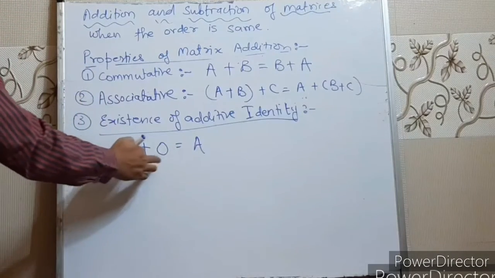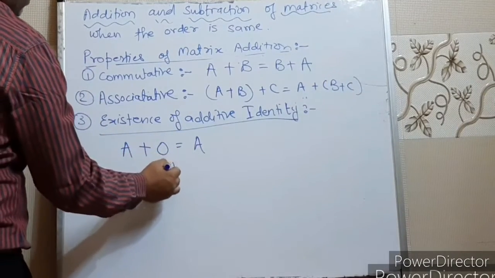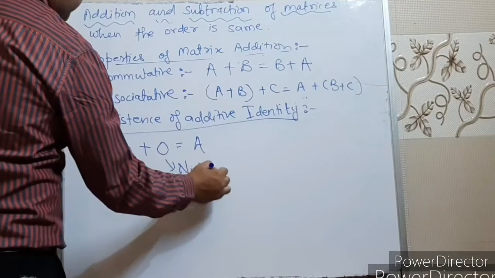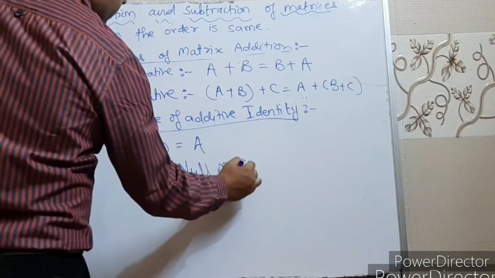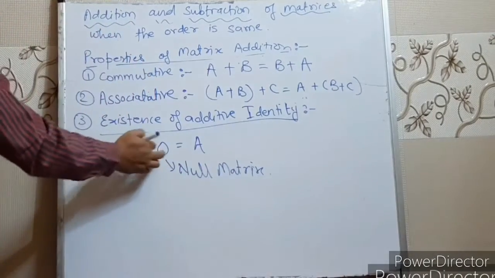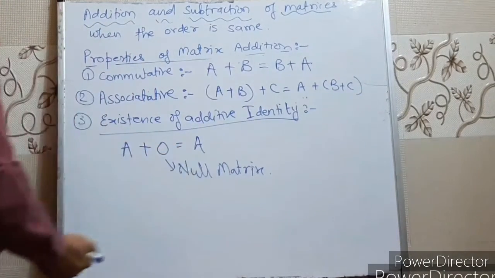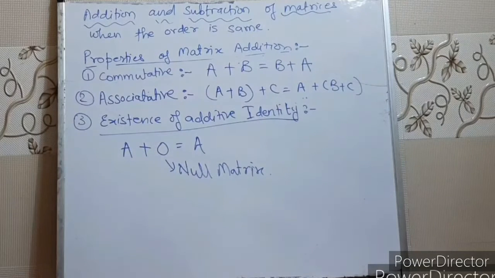So for any matrix, the additive identity will be a null matrix. That means if we add a null matrix to any matrix, we get the same matrix again. Okay?